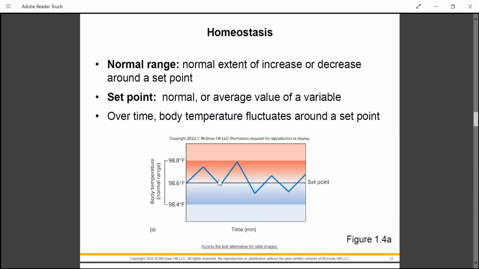That's the average or the norm. We want to be exactly at 98.6. Even though 98.6 is our set point, our bodies can handle a little bit of fluctuation. So it's okay if we're at 98.4, and it's okay if we're at 98.8. That's our normal range, and then 98.6 is our set point.